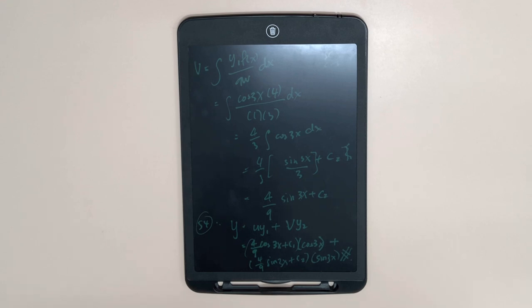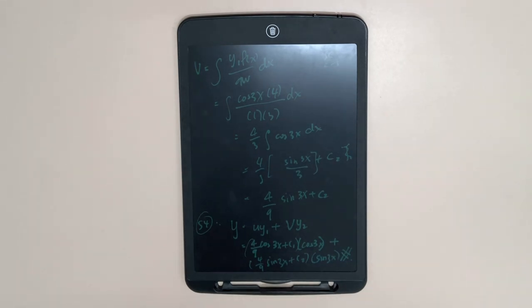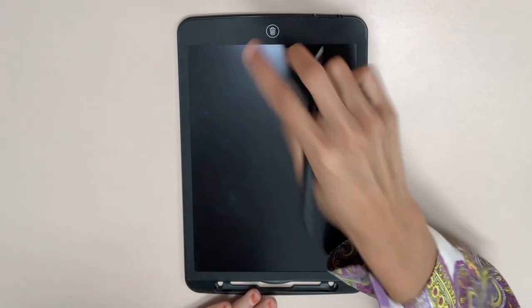So these are the steps, the way you answer for variation of parameter. So we have finished chapter 2, the second order linear differential equation. Let me summarize.